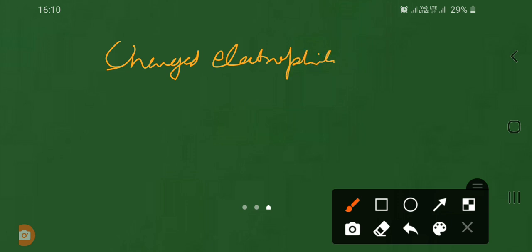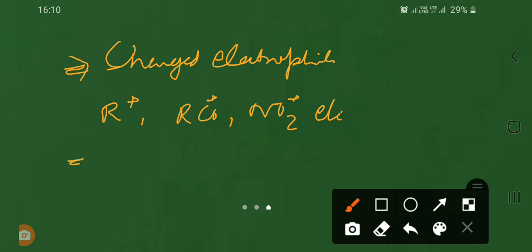Now, the electrophilic reagent is further classified into two categories. First one is charged electrophile. All the positively charged ions like R plus, RCO plus, NO2 plus, etc. are examples of charged electrophile, followed by neutral electrophile.